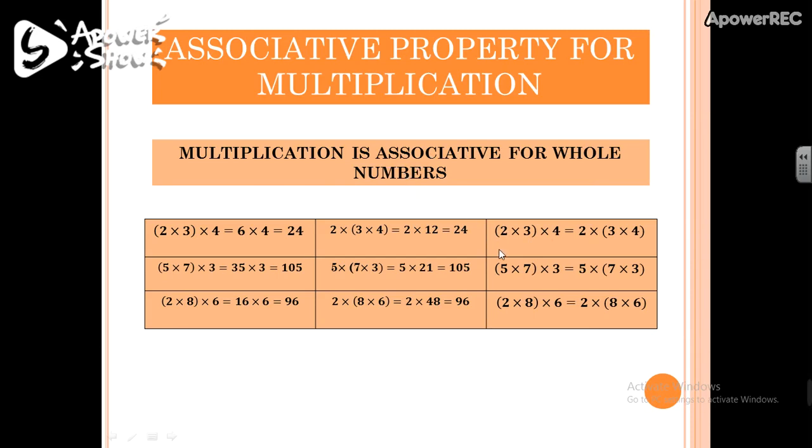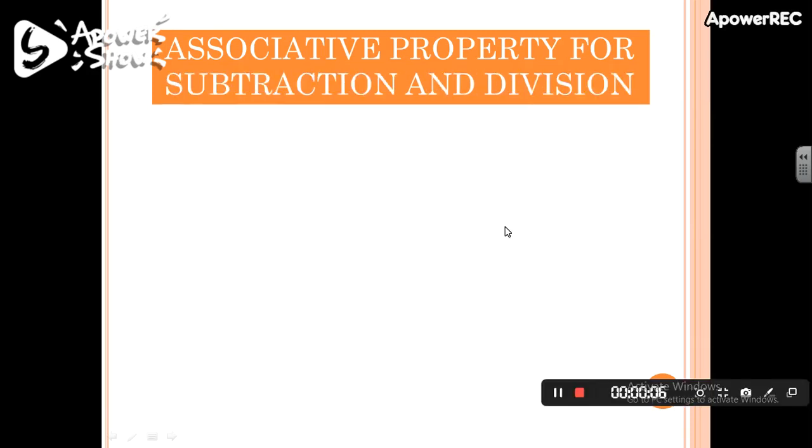Why? Because we can associate any two numbers for making our multiplication more convenient and easier. So that is why whole numbers are associative with respect to multiplication. So we get that whole numbers are associative with respect to addition and multiplication.